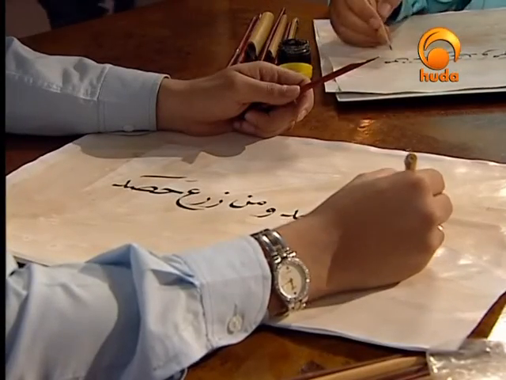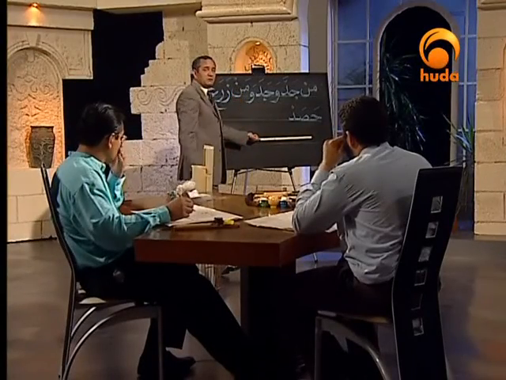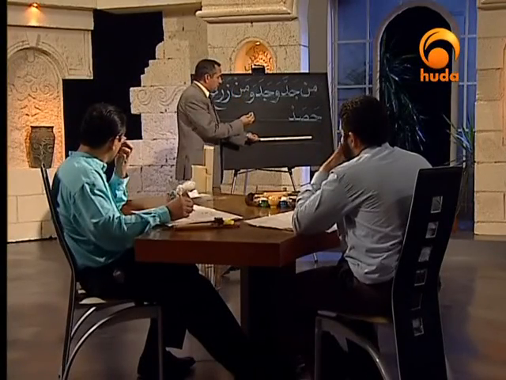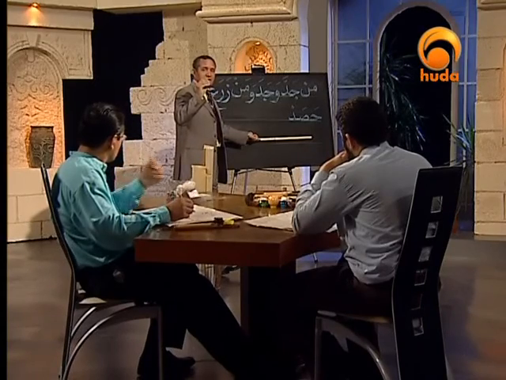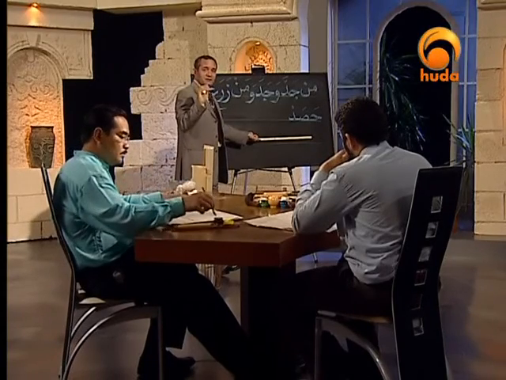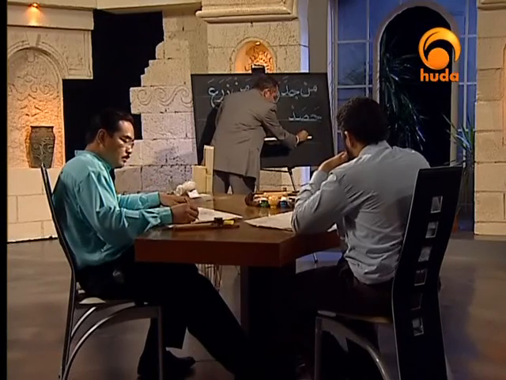So how, if we start writing the same, Man jadda wajad wa man zara hasad, by a normal pen, no need to use the instrument of calligraphy or the special pen of calligraphy. So let's start. Meme will be like this.